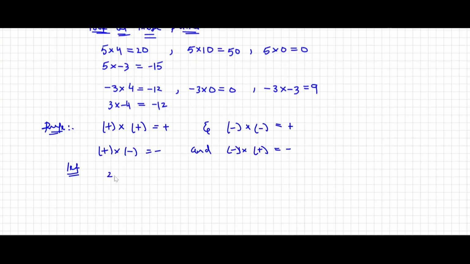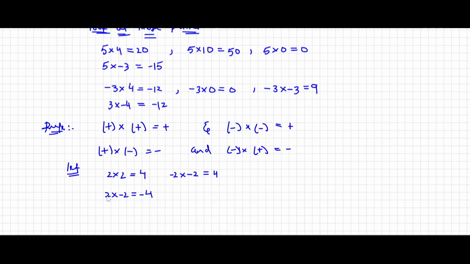So it's like this: 2 into 2, it will give you a 4. So 2 is a positive number, and similarly the second 2 is a positive number, so it will give a positive number. And we have a negative number into a negative number, so it will give you a positive 4. Now you can see the rule, no? 2 into minus 2, it will give you a minus 4.